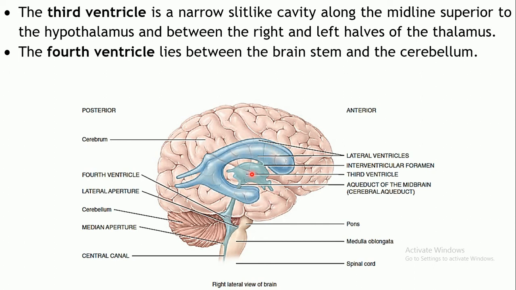Then the third ventricle, this is the one. Now, was there any first and second ventricle? Why are you calling this the third ventricle then? That's because there are two lateral ventricles, right? That's why this one is named the third ventricle.